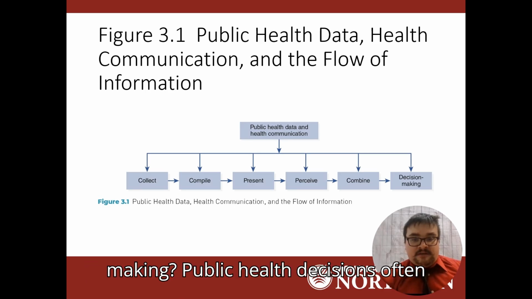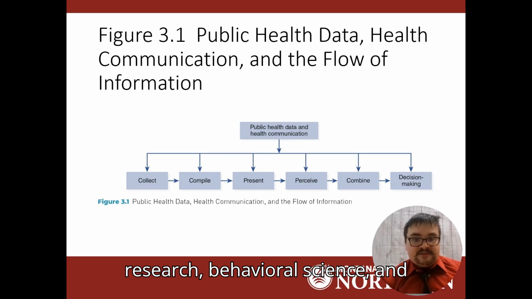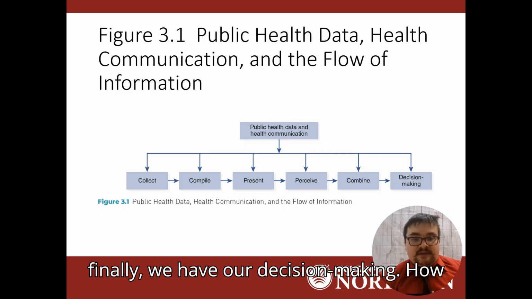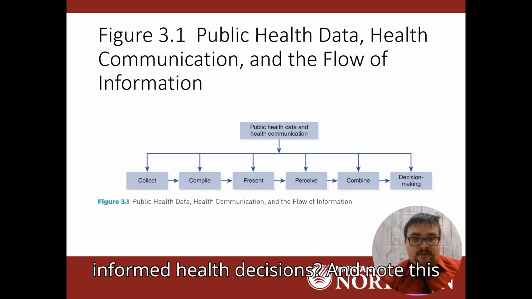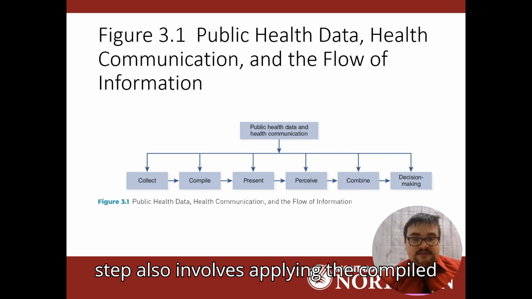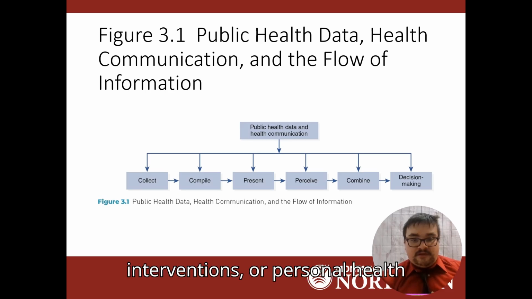Public health decisions often require integrating data from various sources, such as epidemiological research, behavioral science, and socioeconomic factors. Then finally, we have our decision-making. How do we use the information to make informed health decisions? Note this step involves applying the compiled data to make actionable policies, health interventions, or personal health decisions.